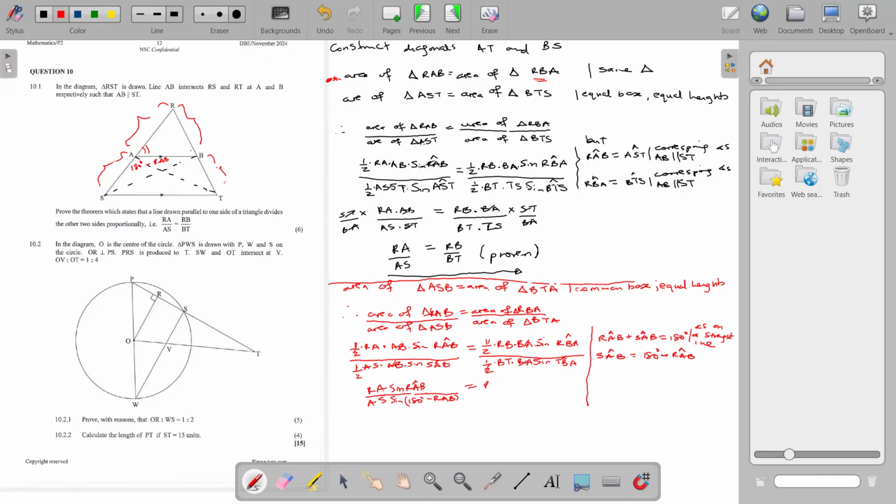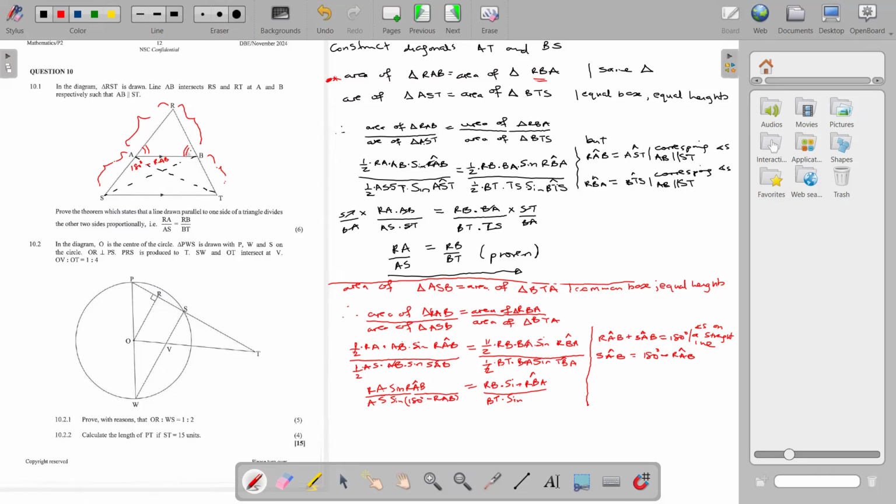We are left with RB multiplied by sine RBA all over BT times sine. If we check again, we have this angle RBA. Here is our angle RBA. Then the other angle is in this triangle, which we said is TBA.